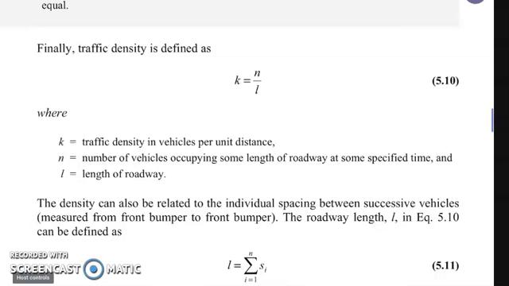This density can be related to individual spacing between successive vehicles, measured from bumper to bumper.